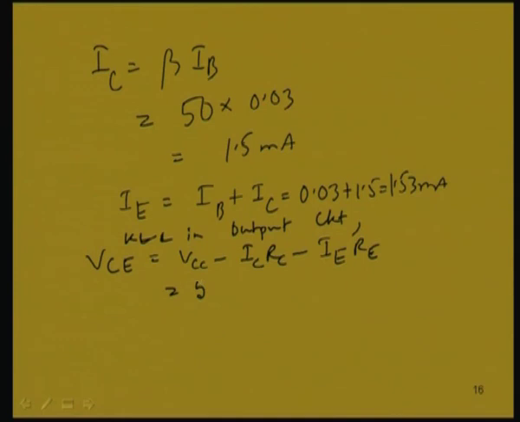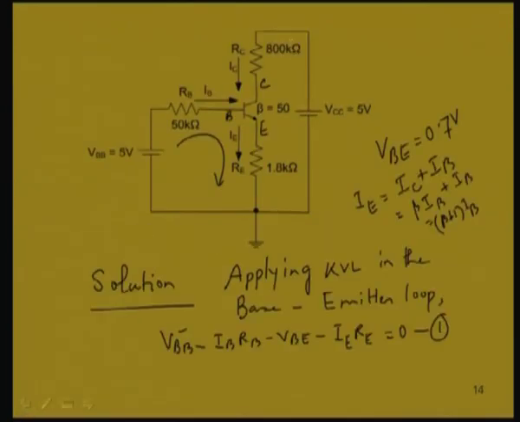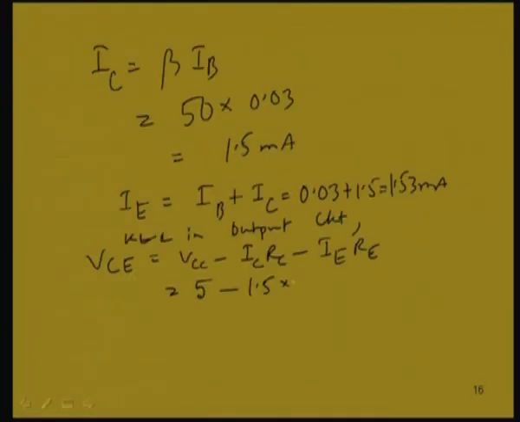VCC is equal to 5 minus IC we have found out 1.5, into RC, RC is given as 800 ohm, and minus IERE.